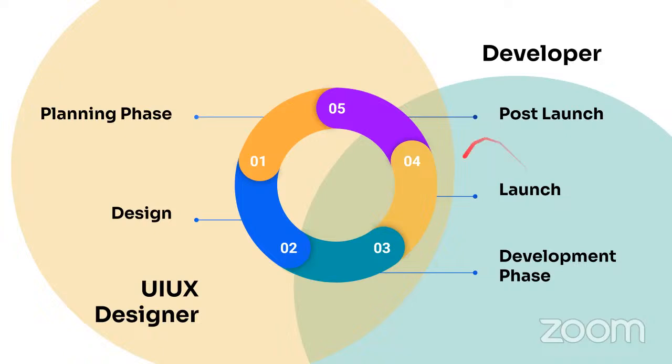It's the developer that will take full responsibility. So from the development phase to launch and post-launch, the developer has a lot of responsibility at that point in time. So I don't know, does this kind of make sense? We have questions with regards to this.